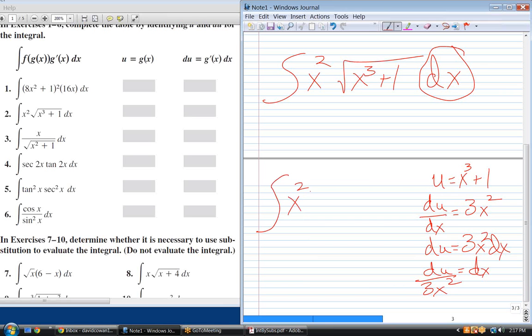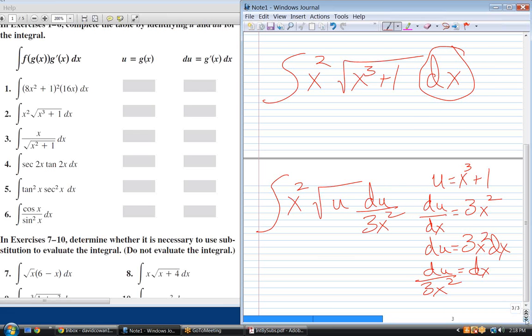I'm going to leave the x squared there for a moment, and there is a little bit of a shortcut that eventually I'll show you, but I think it's very important to do a couple of problems in full. In place of dx, I'm going to write du over 3x squared.